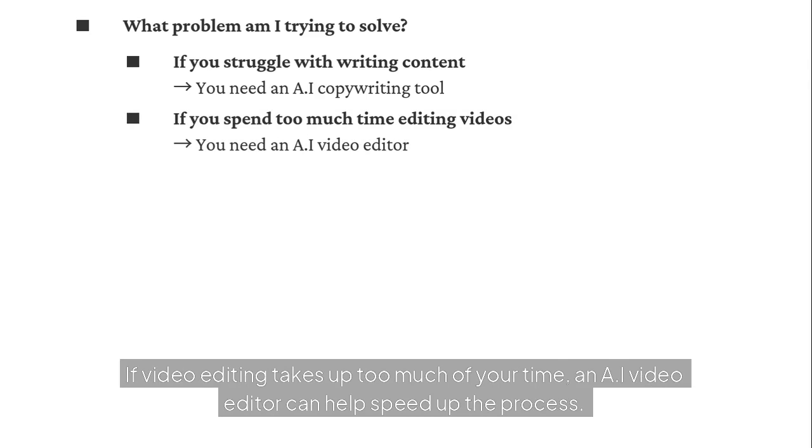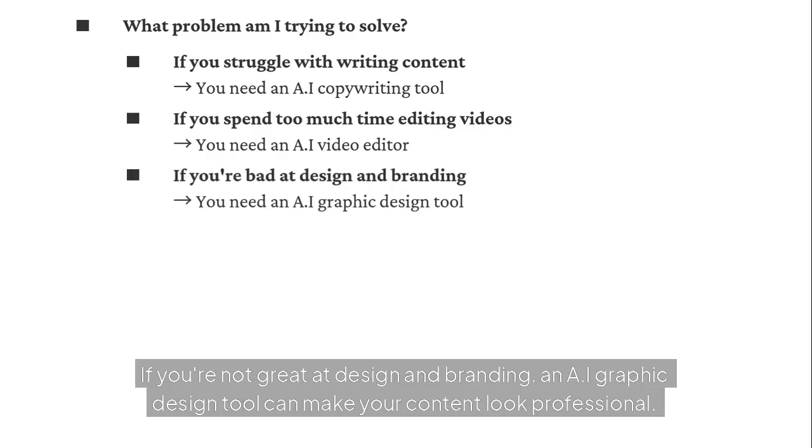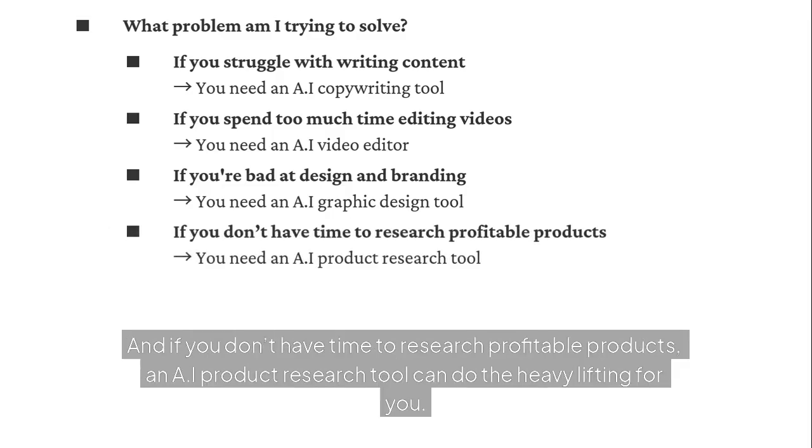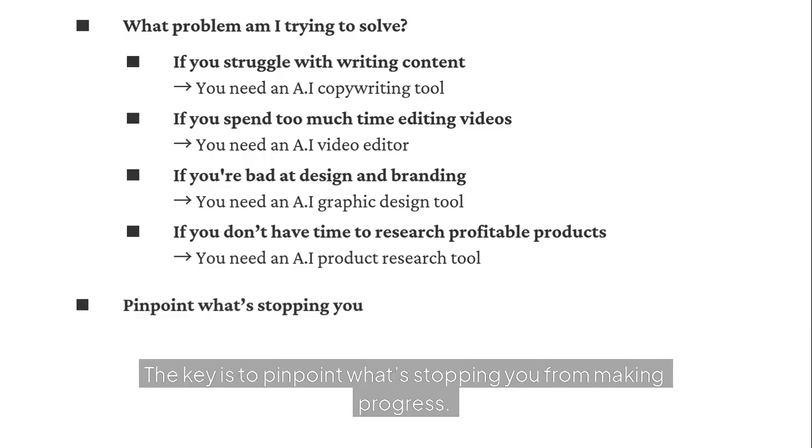If video editing takes up too much of your time, an AI video editor can help speed up the process. If you're not great at design and branding, an AI graphic design tool can make your content look professional. And if you don't have time to research profitable products, an AI product research tool can do the heavy lifting for you. The key is to pinpoint what's stopping you from making progress.